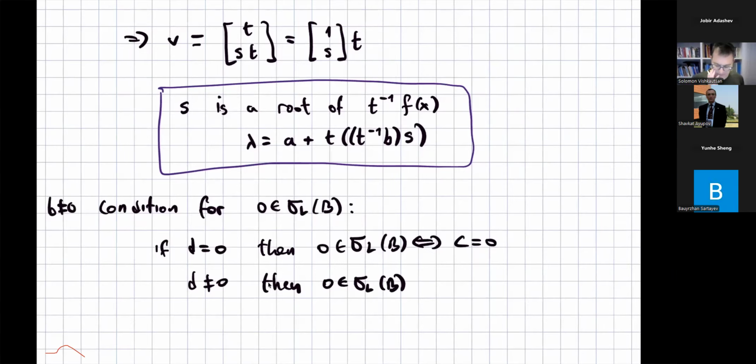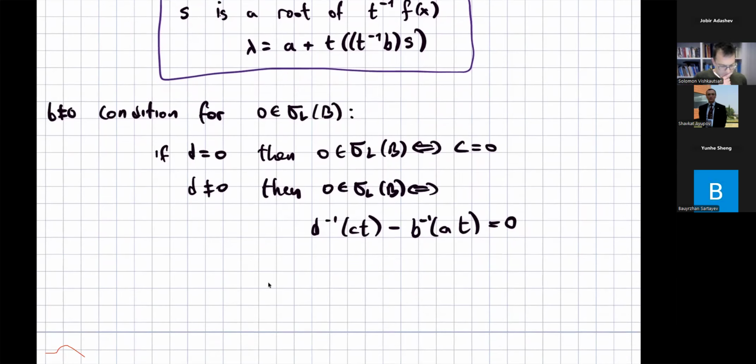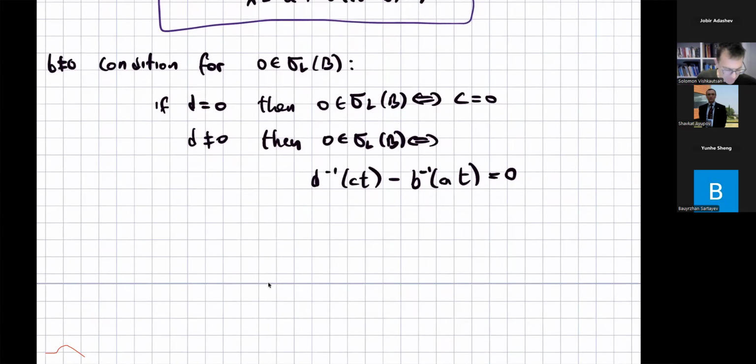Otherwise, it's trivial that one of the diagonal entries should be 0. And we have the following condition for 0 being in the spectrum: there exists some t that satisfies this linear equation.